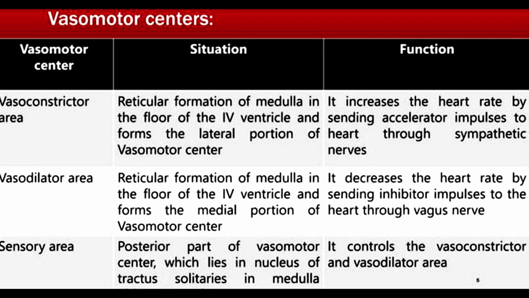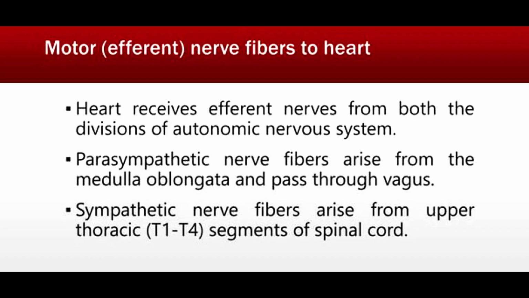And the sensory area is the posterior part of the vasomotor center that lies in the nucleus of the tractus solitarius, and it controls the vasoconstrictor and vasodilator areas. Now, what are the motor nerve fibers to the heart?